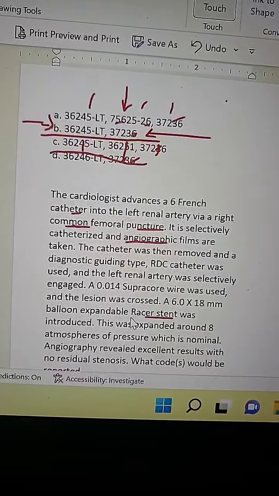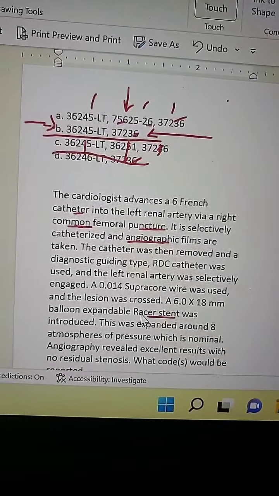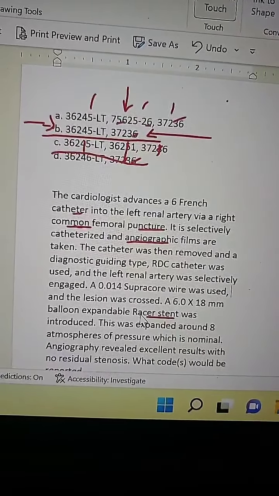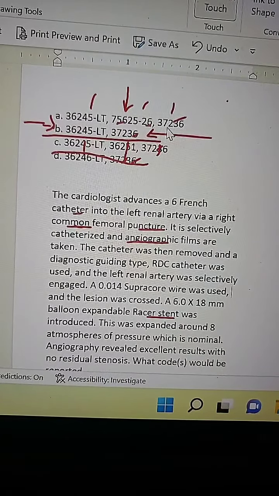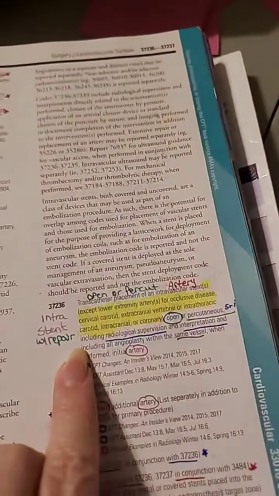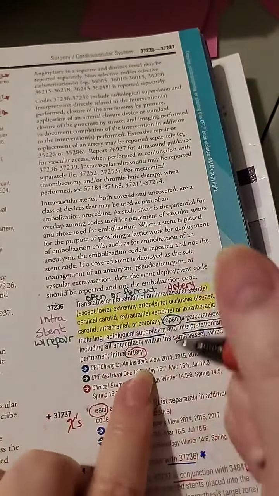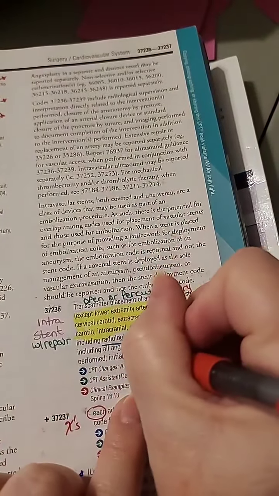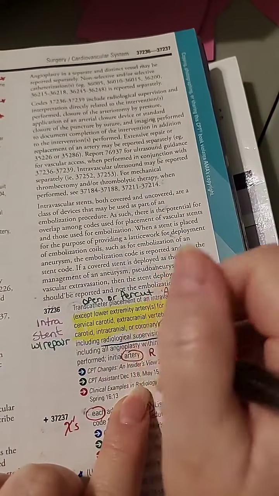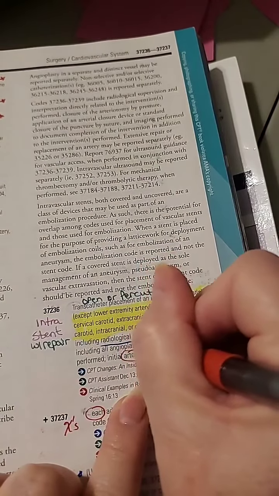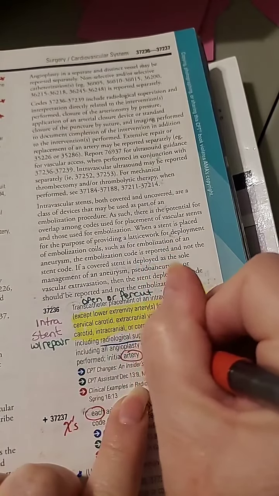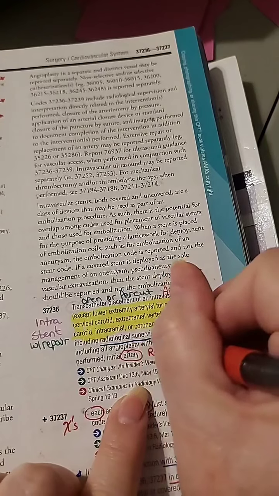So things that I would add in, they've got that racer stent. What was that? That was our 7236. Well, I have notes here, but I don't have that it was called a racer stent. I love finding their AKA names for things and adding them to my notes.